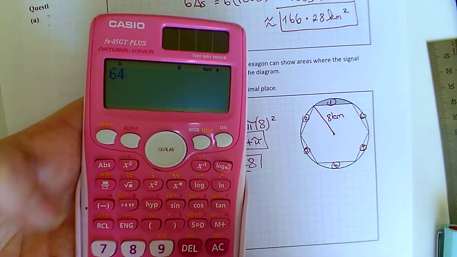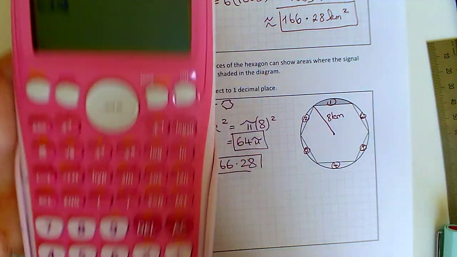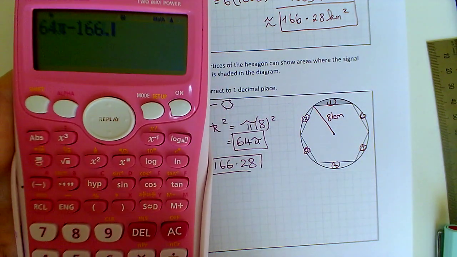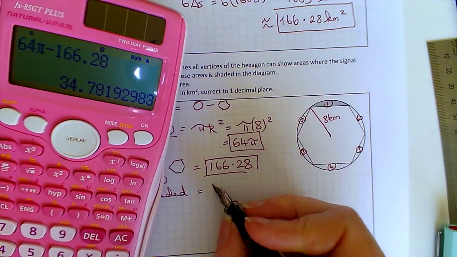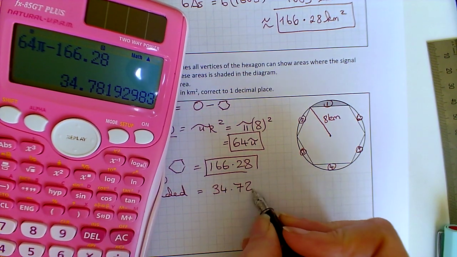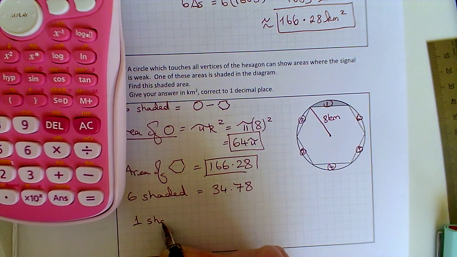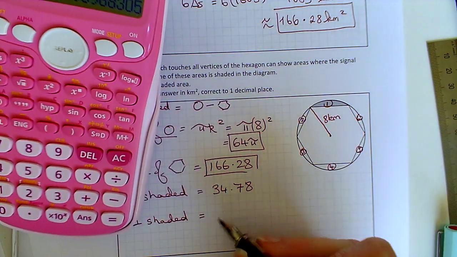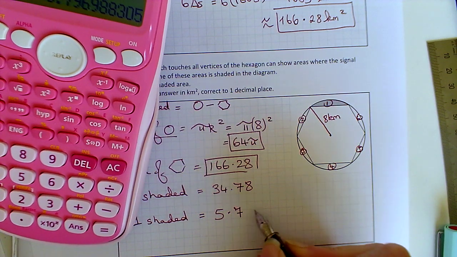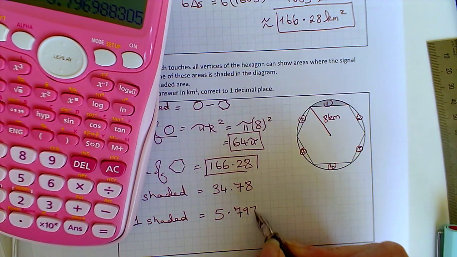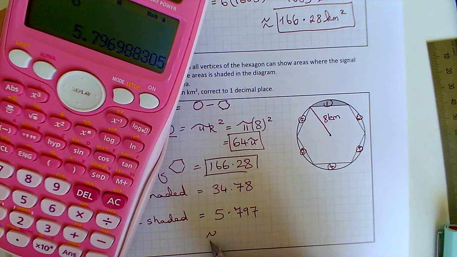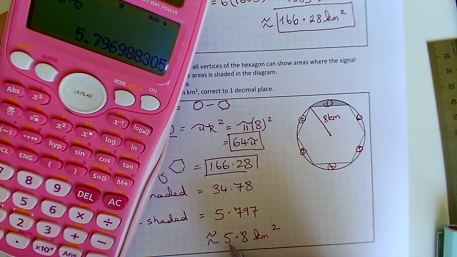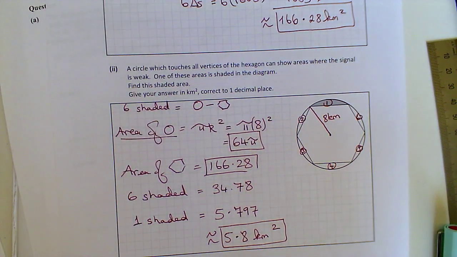Use the pi button on your calculator. In the Casio, it's down here. 64 pi minus 166.28, and I get 34.78. And so 1 shaded is that divided by 6, which is 5.797, and they said to 1 decimal place, approximately 5.8 kilometers squared. A big area for the weak signal there.